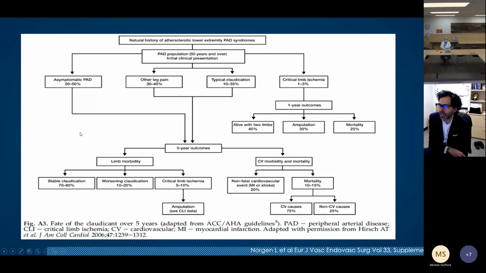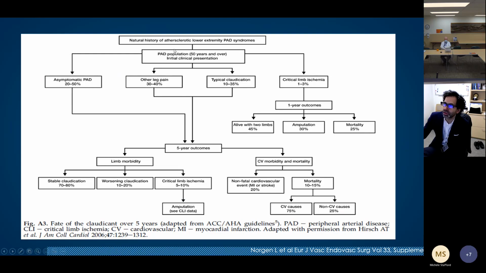Probably one of my favorite slides in the entire thing, mostly because peripheral artery disease is very prevalent, is very relentless. And I think that in my career, as I've spent more time trying to tell people about what happens to them with this disease process, it really is an eye-opener when you start to sketch this out.